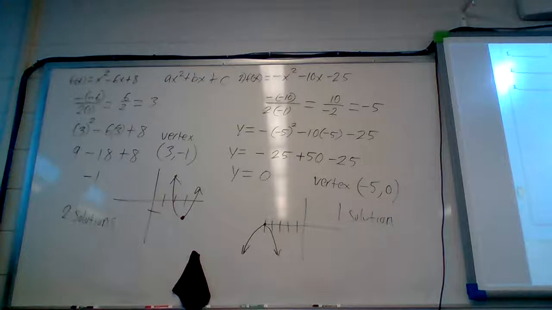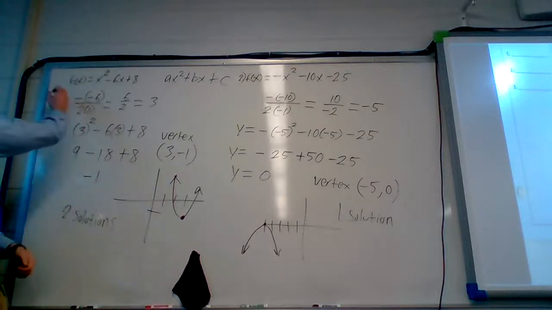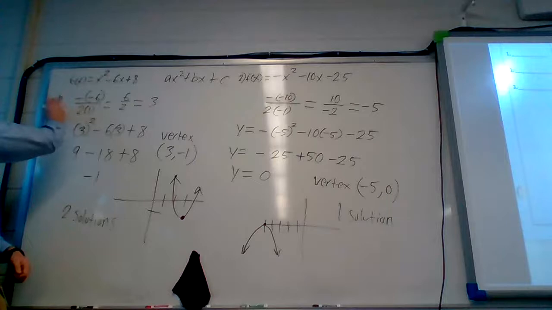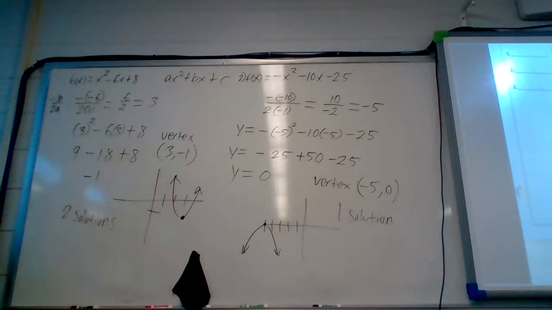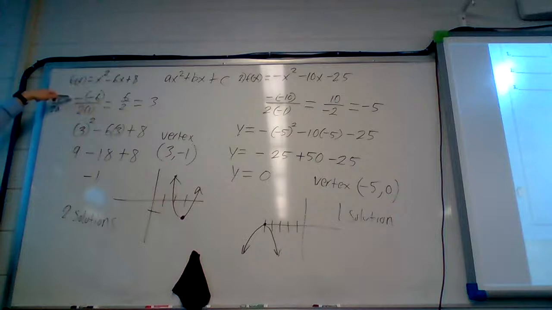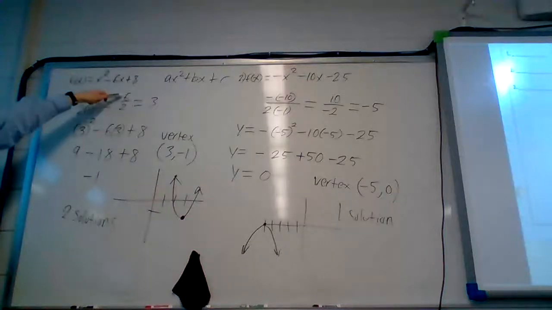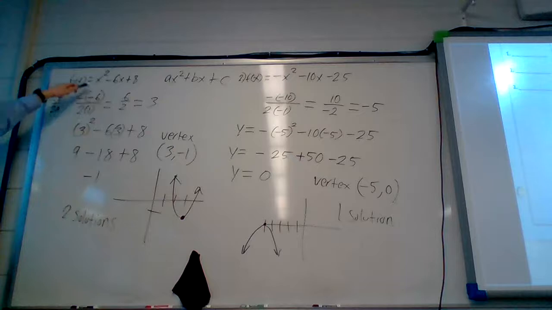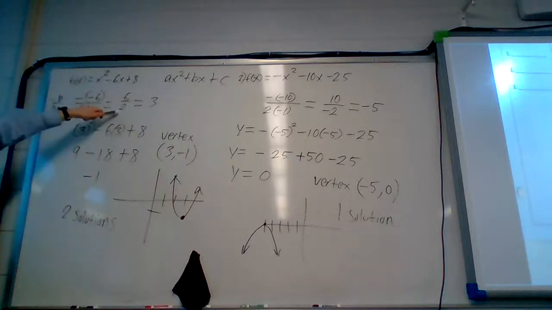Okay, so I'm going to try to decode what just happened. We got our solution, negative b over 2a. So we took our b, negative 6, multiplied by our negative, so that gives us our 6. 2 times our A was 1, so that just gave us a 2.